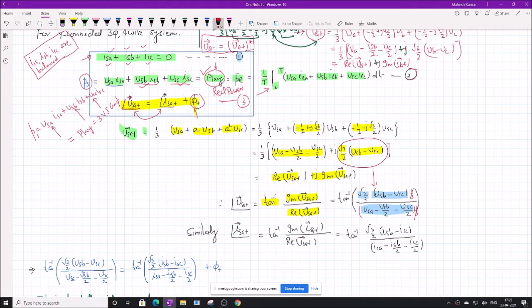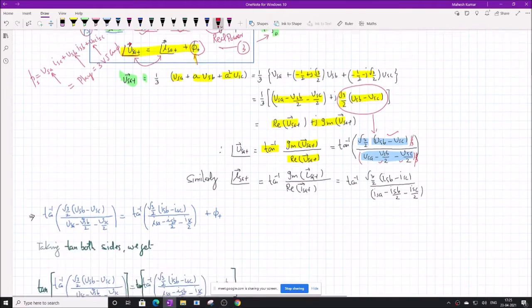It is simply the ratio of root 3 by 2 into BSB minus BSC divided by BSA minus BSB by 2 minus BSC by 2. The same thing is true for current.